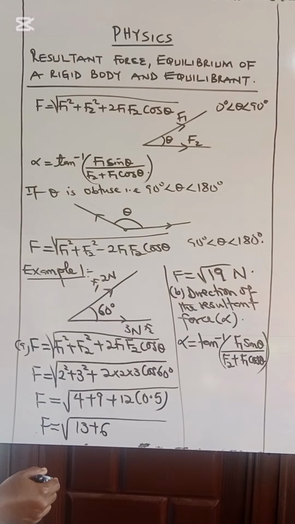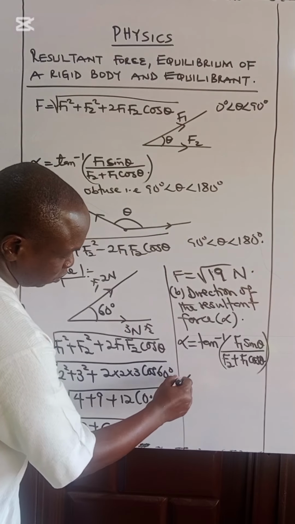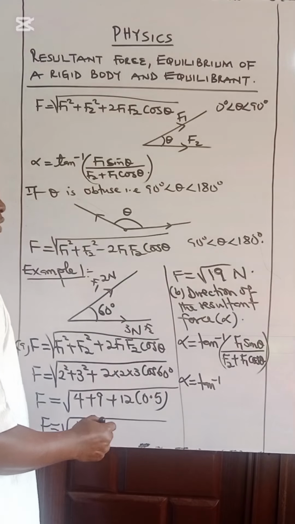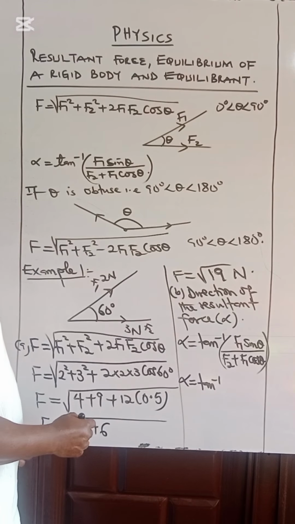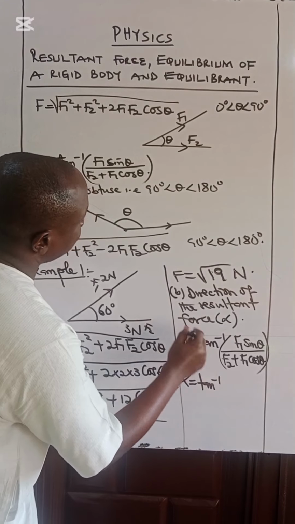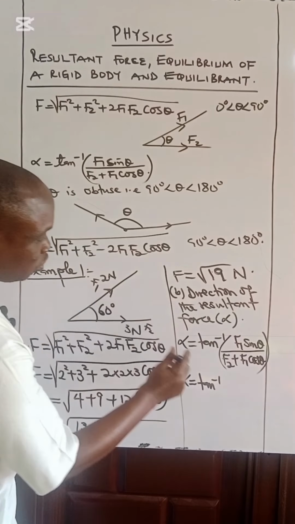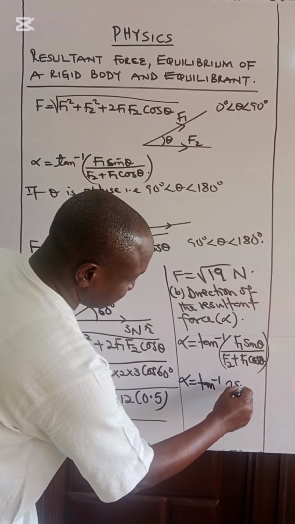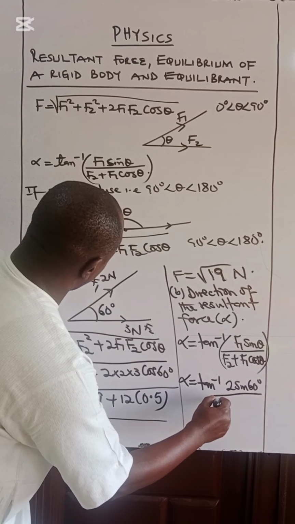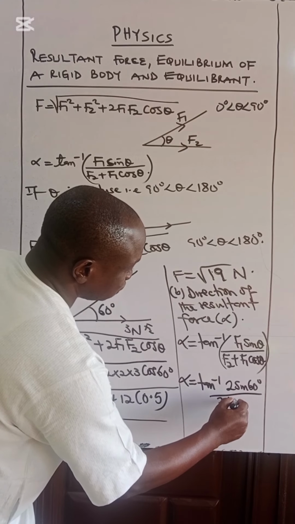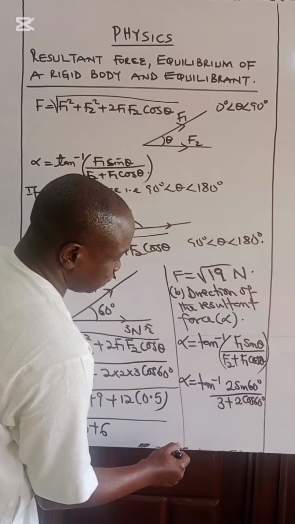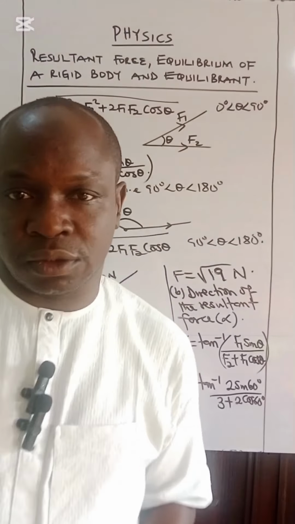That is alpha. So if you continue, alpha will now be tan inverse of F1 sine theta. What is F1? F1 is equal to 2. It will be 2 sine 60 degrees all over F2, that is 3 plus 2 cos 60 degrees.